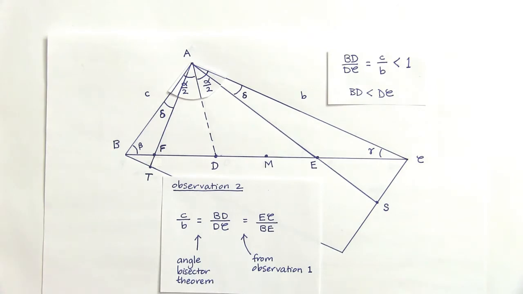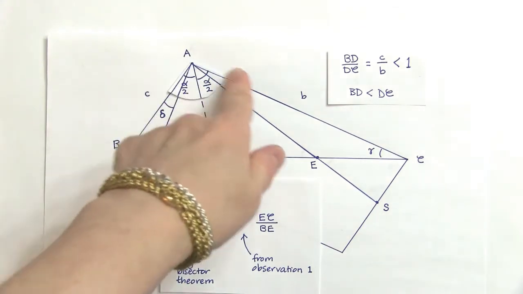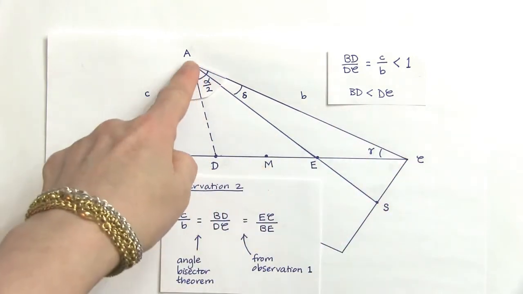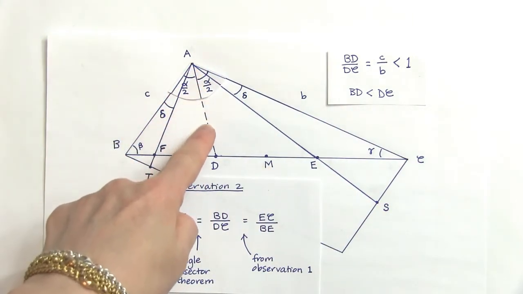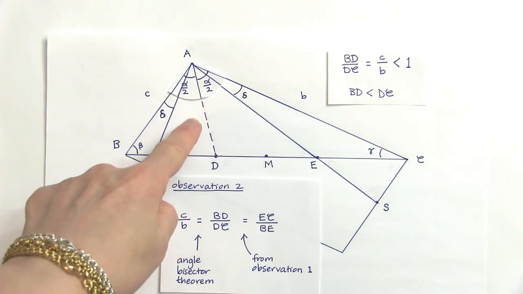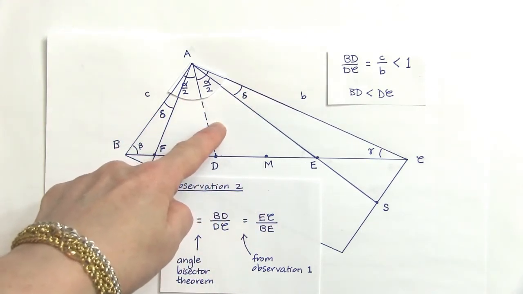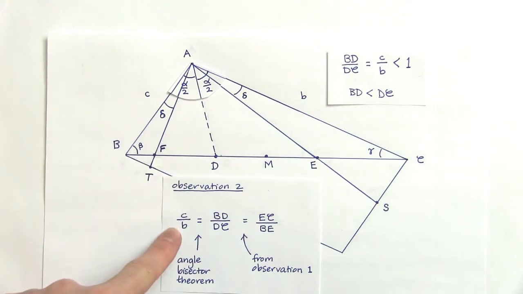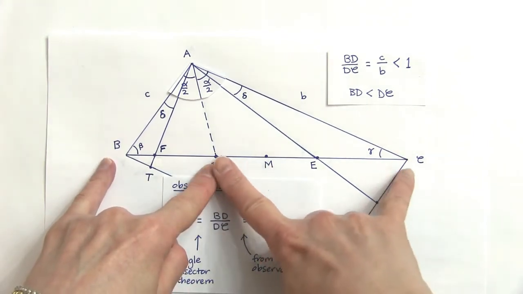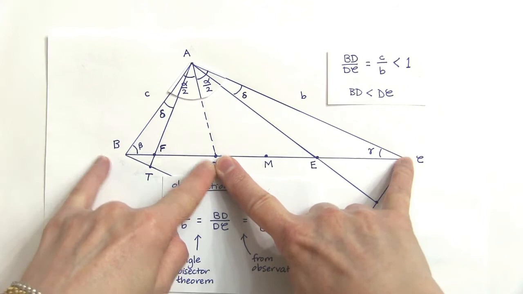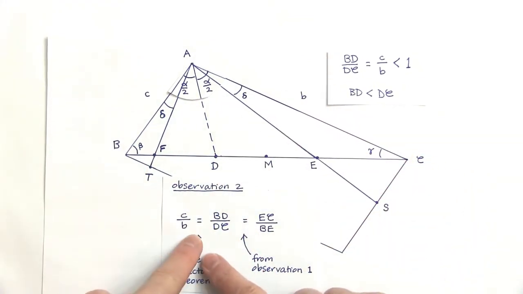My second observation, we've already noticed this before. This comes from the angle bisector theorem. Because the angle BAC was bisected by the segment AD, so that this is half of alpha and this is the other half of alpha, we know that BD over DC is the same as C over B here.